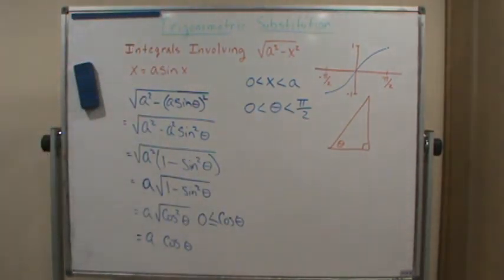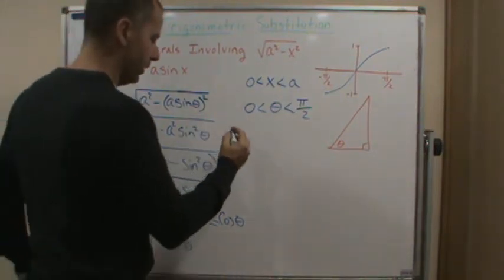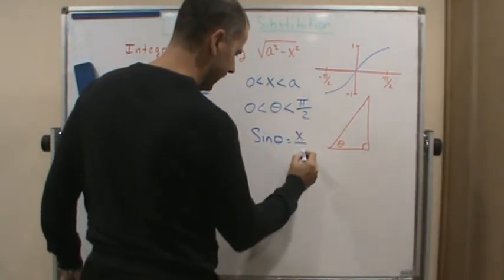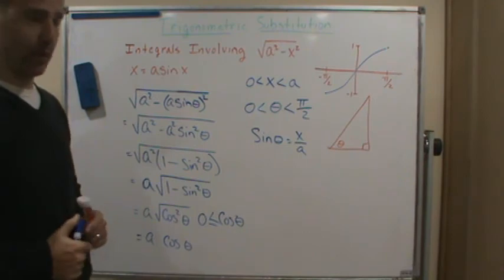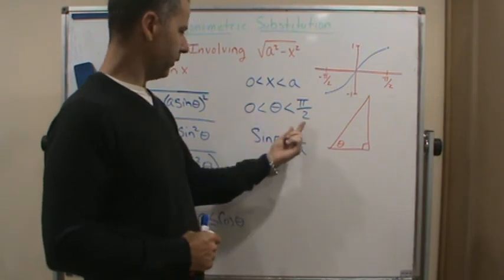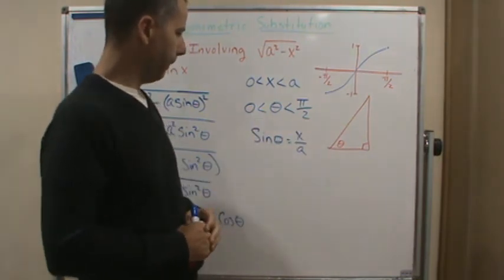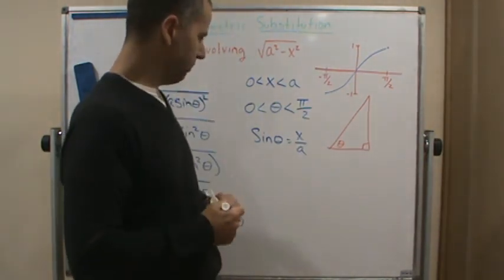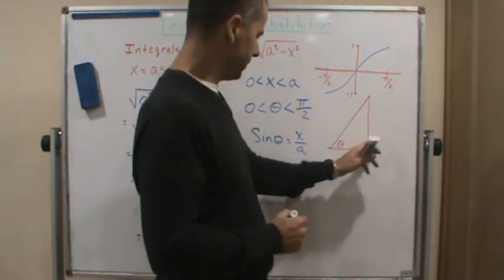So now this is where our right triangle comes in to help us. Since sine theta equals x over a, we can go over to our right triangle, because if our angle is in this range, it's going to be opposite over hypotenuse.